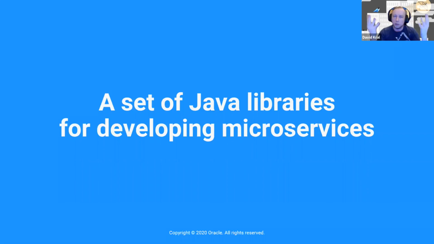So what is Helidon? How can you describe it? Helidon is a set of Java libraries for developing microservices. That's the definition, right?